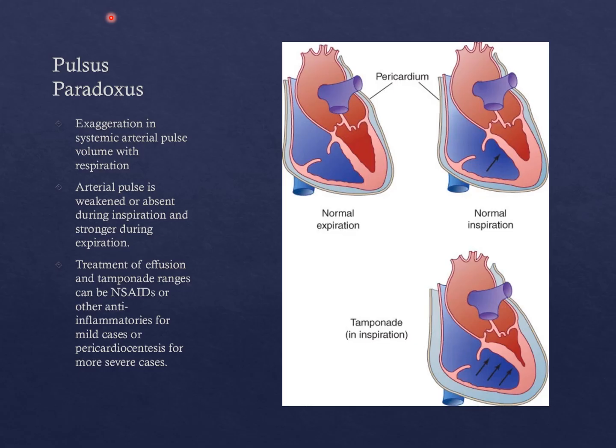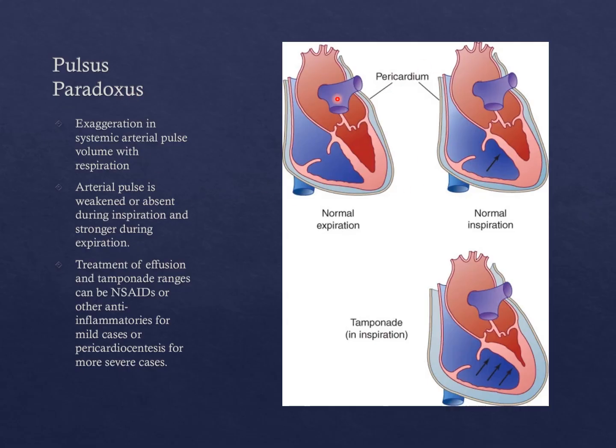So when we breathe in, the pressure within our intrathoracic cavity decreases. And as that pressure decreases, it makes it easier for the right ventricle to fill. So that breathing in accelerates or speeds up venous flow as well as speeding up right heart filling. And then the interventricular septum also kind of bulges into the left heart. So we see a decrease in left ventricular filling, also stroke volume and systolic blood pressure.